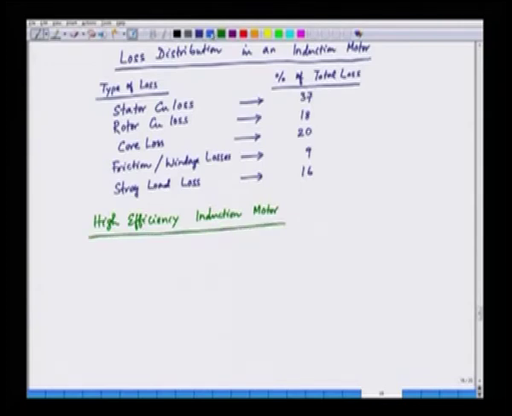We can achieve that by minimizing the copper losses by having copper in the rotor. So, if we have copper in the rotor, the losses are minimized, and hence we have higher efficiency.